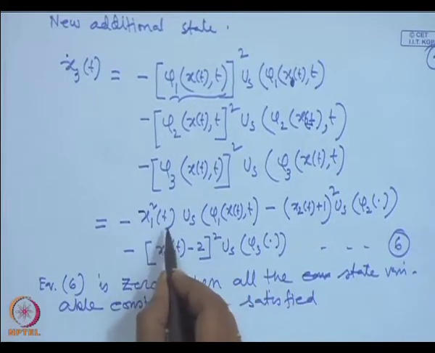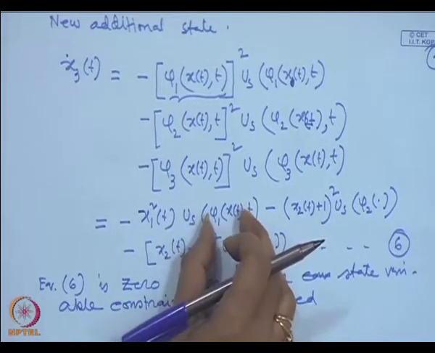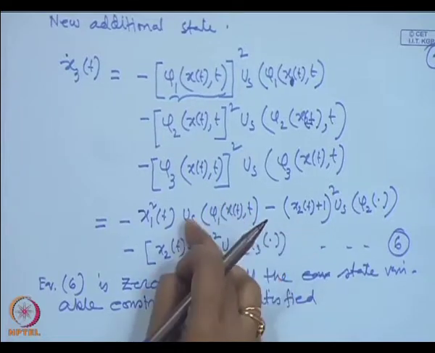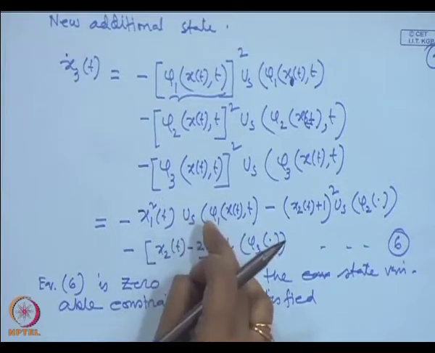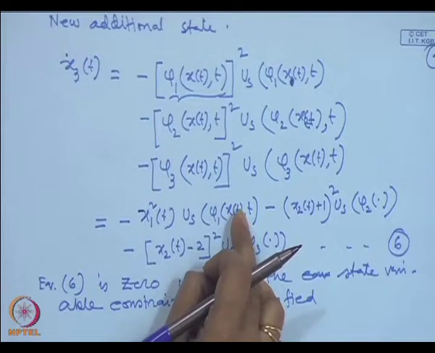When the state variable constraints are satisfied, that is, this quantity is less than 0, the step function is strictly valid only when this x i of t value is greater than 0.